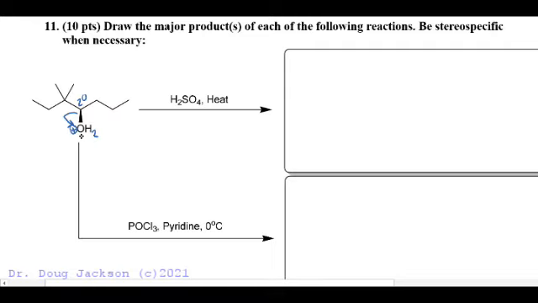Because of the proximity of two methyl groups next door, that quaternary carbon, we can improve the stability of the carbocation that results by doing a methyl shift. And so we would see here this positive charge, and then we'd see immediately that methyl shift occurring.